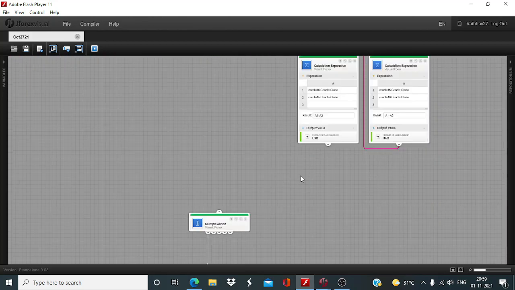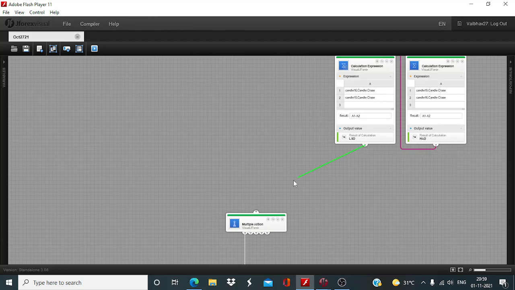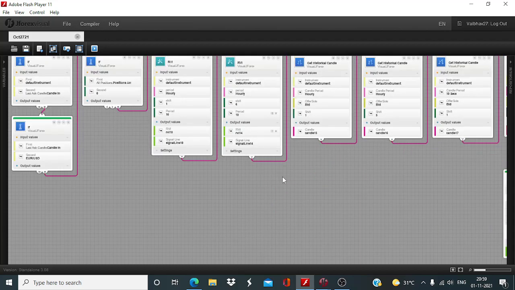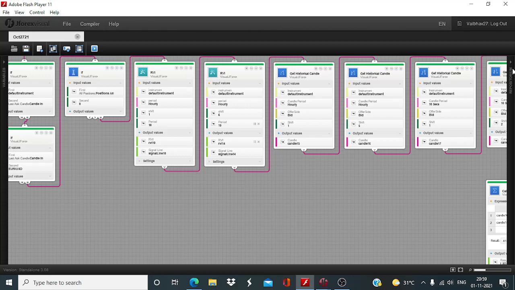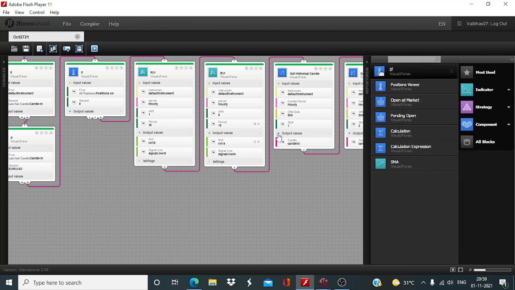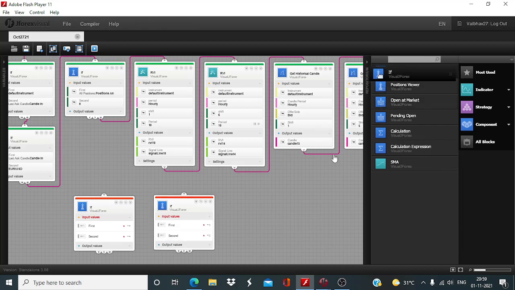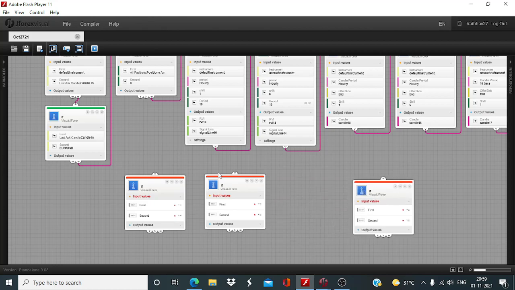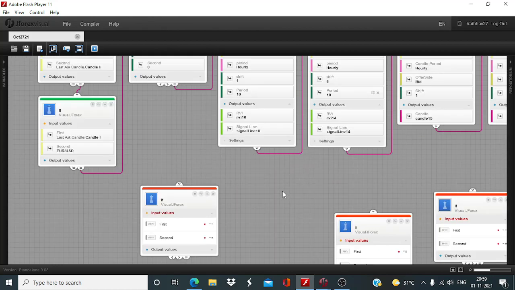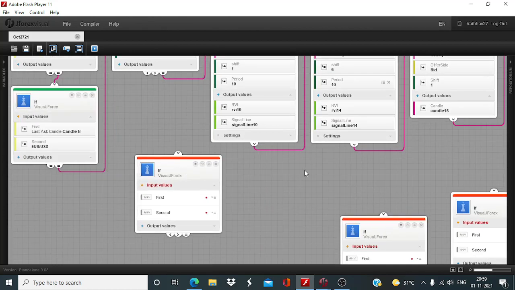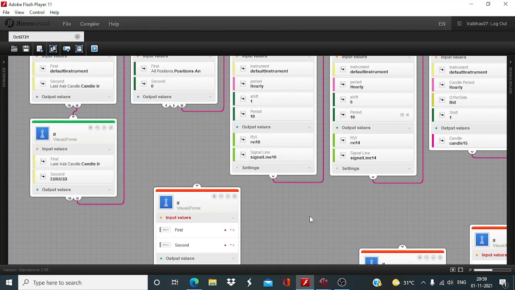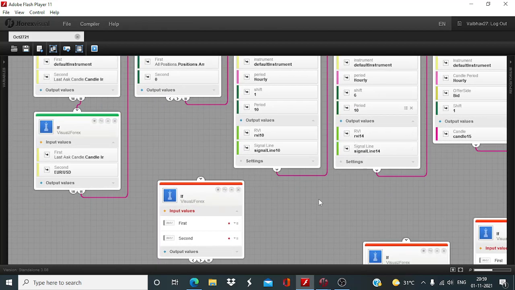Now let me join it back to the multiple action, and now we start adding the if-else blocks for defining the conditions. And here we need the RVI 10 to be below RVI 14.